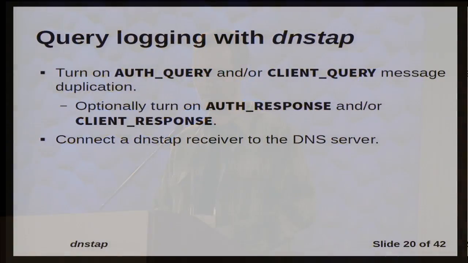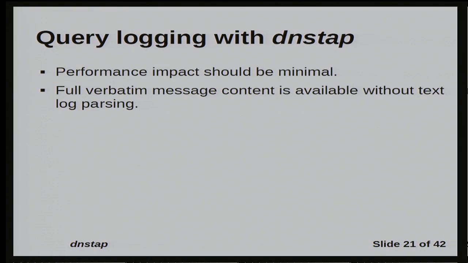Here's what query logging looks like with dnstap. We just turn on the right knobs for the query messages that we're interested in. Optionally, we could turn on response message logging as well if we were interested in that kind of data. Then we just connect a dnstap receiver to the DNS server, and it does whatever it needs to with that data.